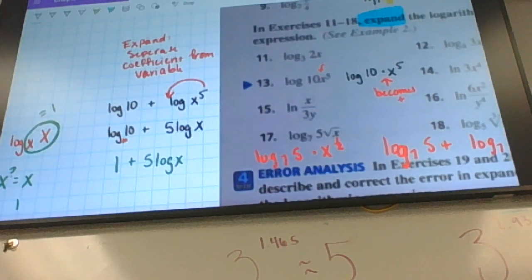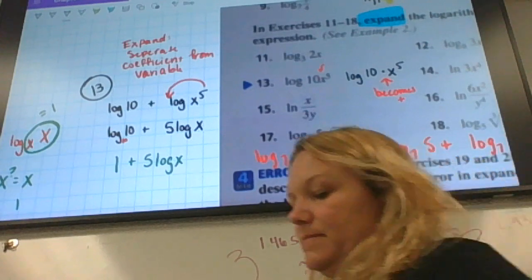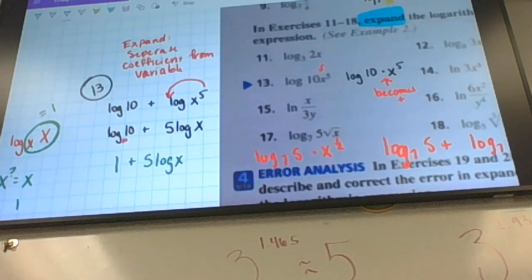Oh my god, are we working on 13, 17, 18? Okay. So it becomes a plus. Okay. Interesting. I did not do that. I brought the 5 exponent in the front for some reason.